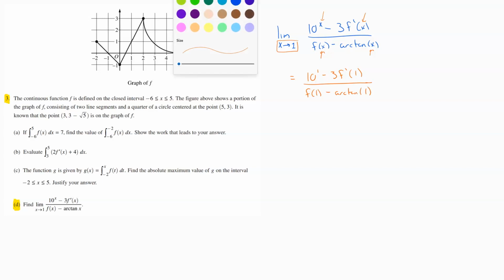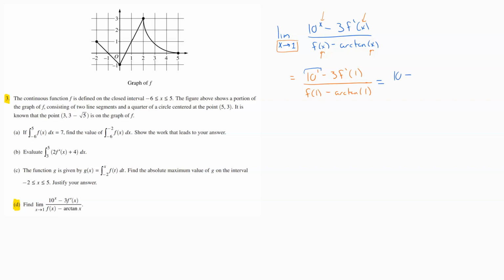So finding these pieces, we want to break them down. The first part is pretty straightforward. 10 is just going to be 10 minus 3 times, and when we're talking about a derivative, that is the slope of the graph. So we want the slope at x equals 1. If we go over and look at our graph, x equals 1 would be right here, and we need to find the slope at that position. This is where I always tell people rise over run.